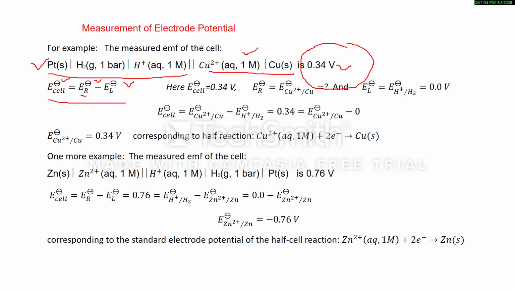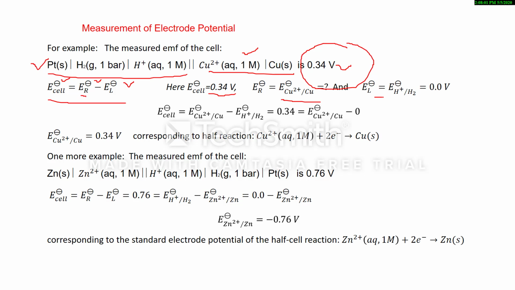And we already know the direction of current is from cathode to anode. If we know the deflection, we can find out which one is cathode and which one is anode. And in this cell, we have determined with the help of either a voltmeter or galvanometer that it will come to 0.34 volt, and the right side electrode is the copper electrode. Is it clear?